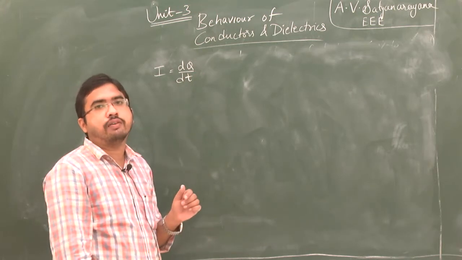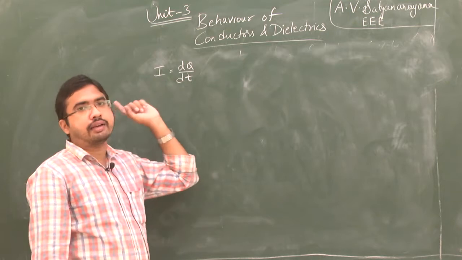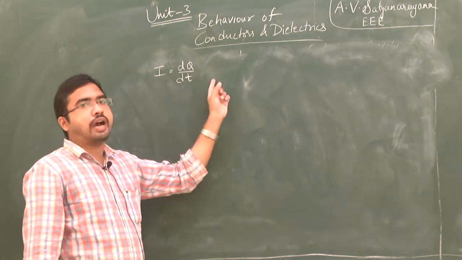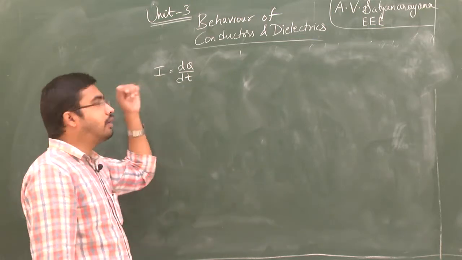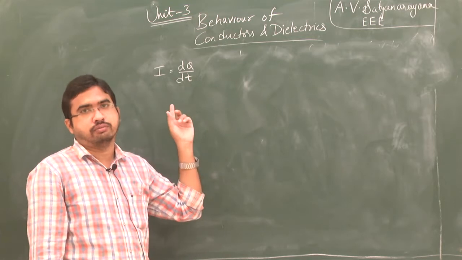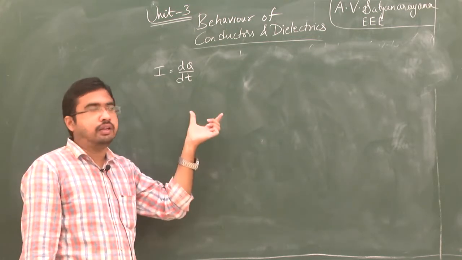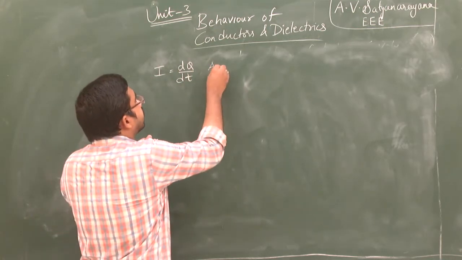The rate of flow of charge in a conductor at a specified point is called electric current, or it can also be defined as the amount of charge per unit time at a specified point in a conductor. Okay. So this is called electric current I, which is expressed in coulombs per second or amperes.